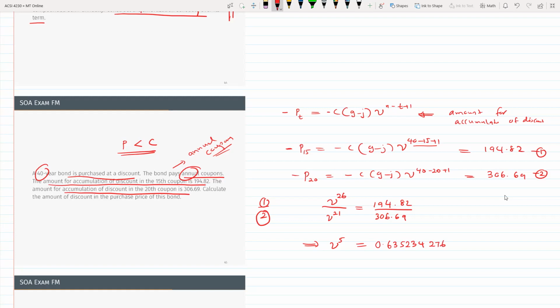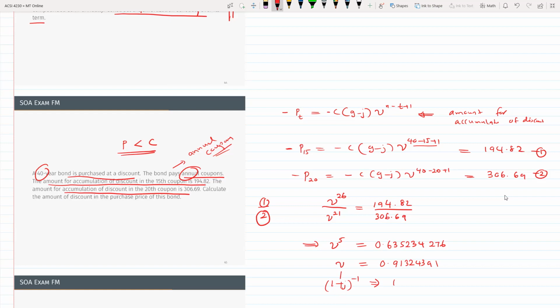0.635234 and that would tell me V is basically to the power 1 divided by 5, which is 0.91324391. So V is actually 1 plus j to the power -1. Now what is that? Then I can take the j actually.